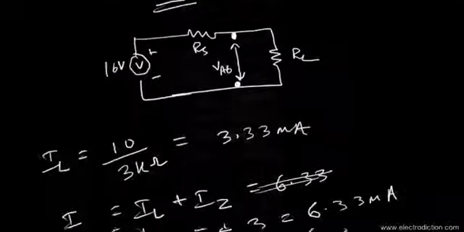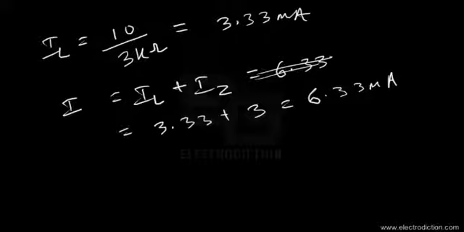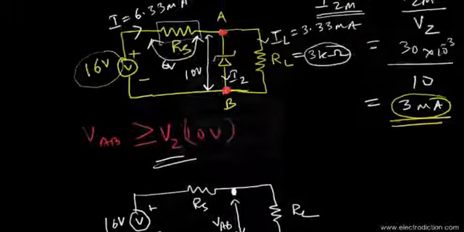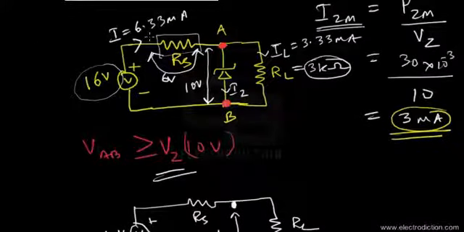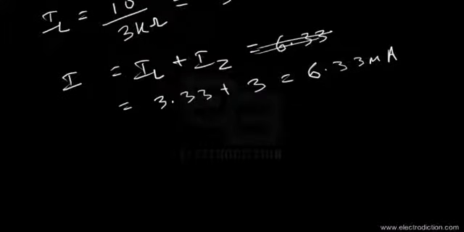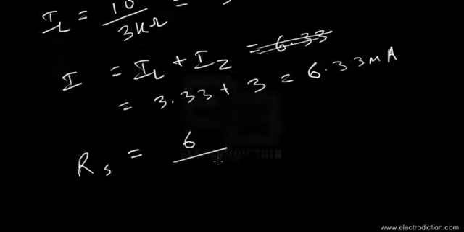Here we have the current flowing through the series resistance as well, and we know the voltage across the series resistance is 6 volts. So we can calculate the value of the series resistance: RS equals 6 divided by the total current, 6.33 times 10 to the power minus 3 amps.